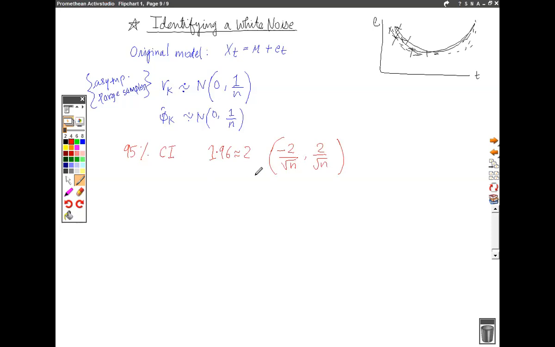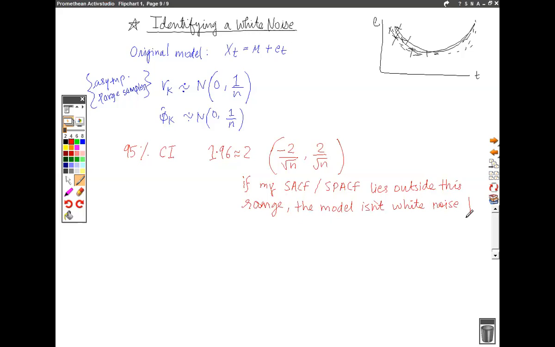So if my sample ACF or my sample PACF lies outside this range, my model isn't a white noise.